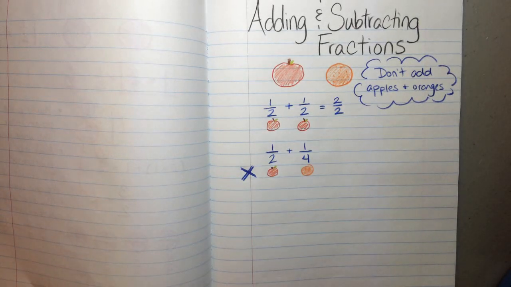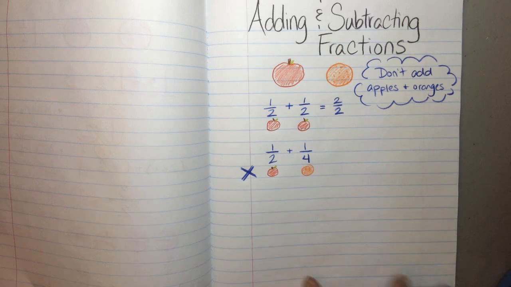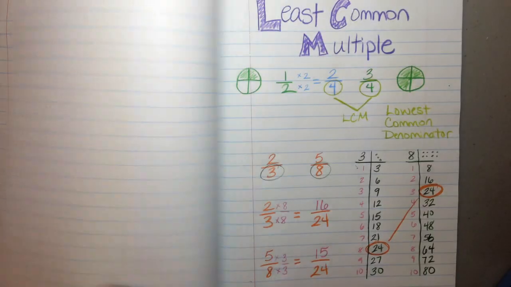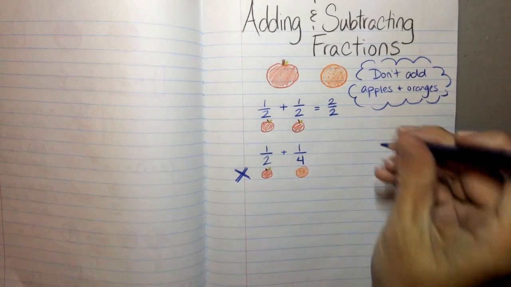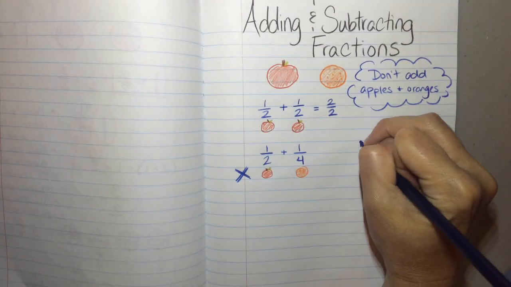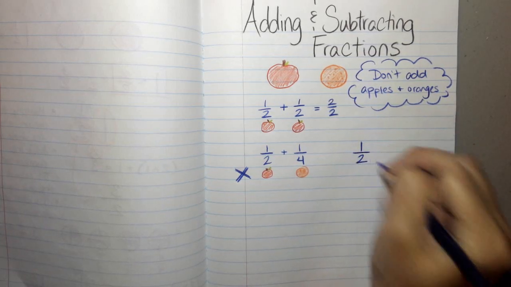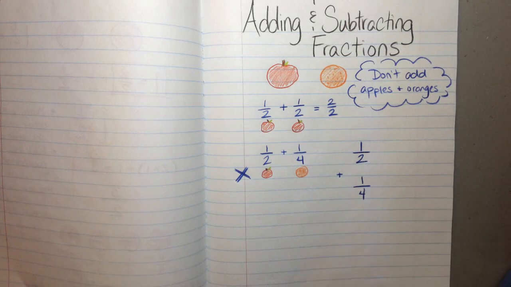We have to do something first, and what we have to do is find the least common multiple, or the lowest common denominator, for 1/2 and 1/4. I tend to like to write these vertically at this point, so 1/2 plus 1/4.